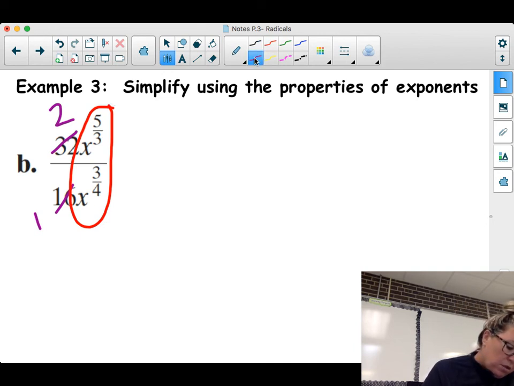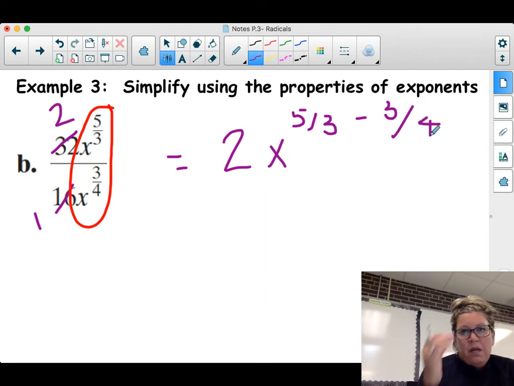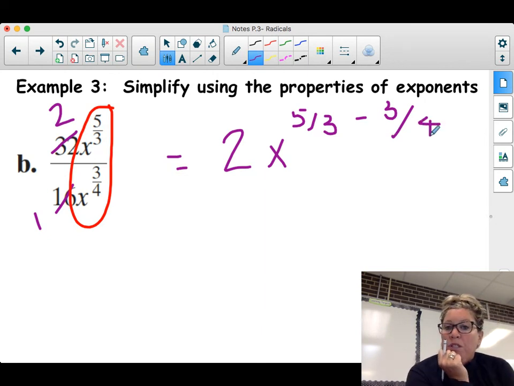So 2 divided by 1 is 2, and then subtract those powers, so 5/3 minus 3/4. Now 5/3 and 3/4 are unlike, so we need to change their denominators to be alike. So the LCD is going to be 12.